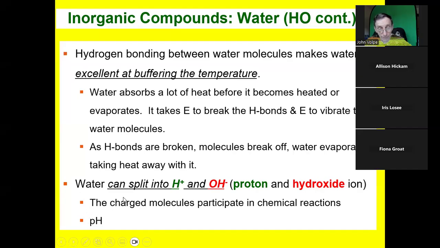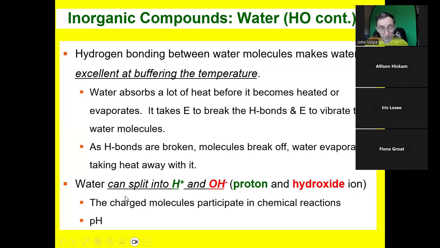Now, on the surface of the sun, there's so much energy hitting the water molecule that the water molecule, H2O, can actually break into 2 hydrogen ions and an oxygen ion. That does not happen on the planet Earth, at least under normal circumstances, because we don't have a high enough temperature to break water apart.